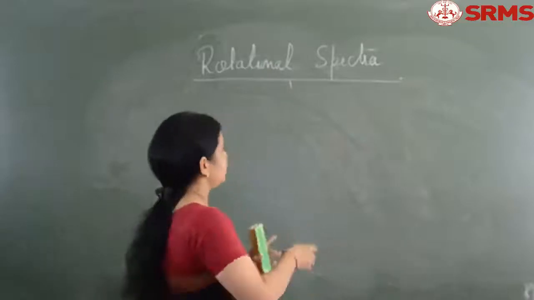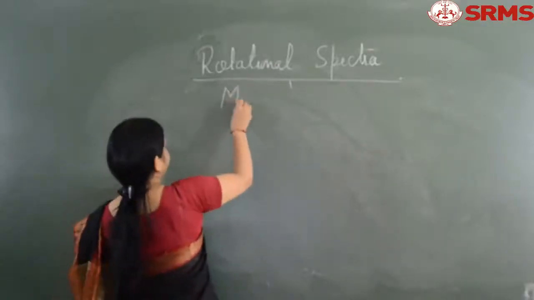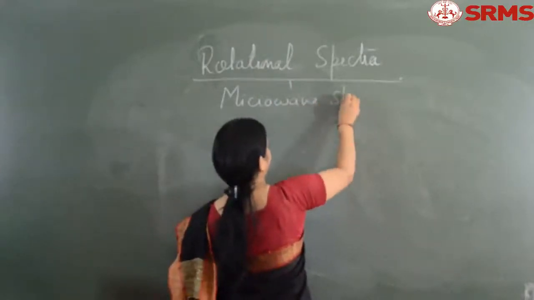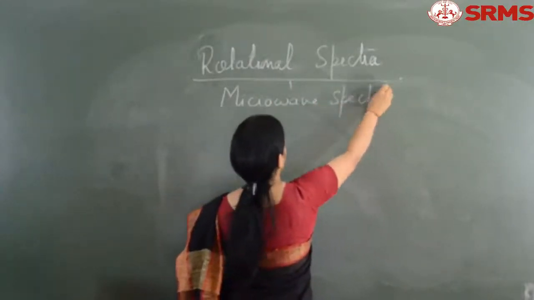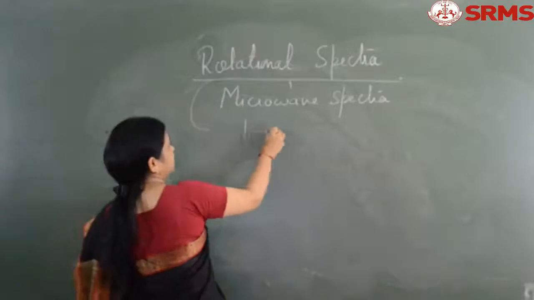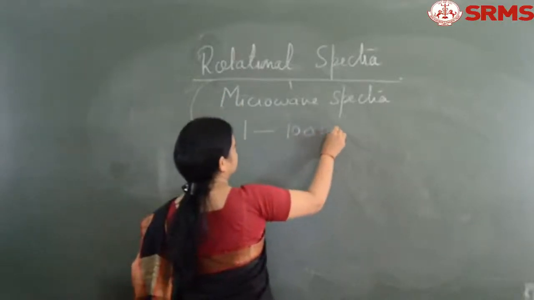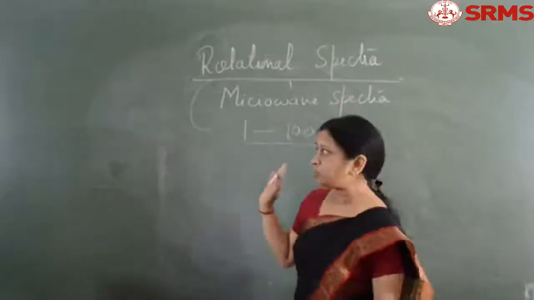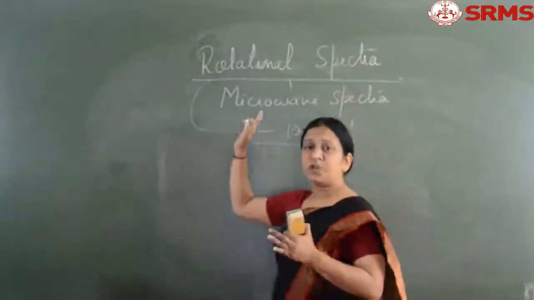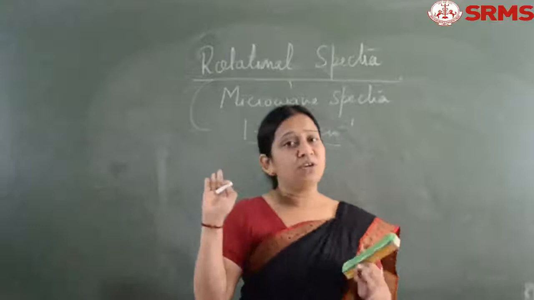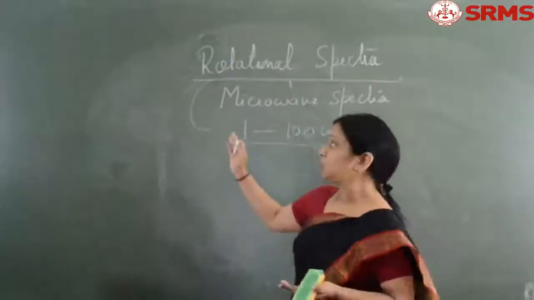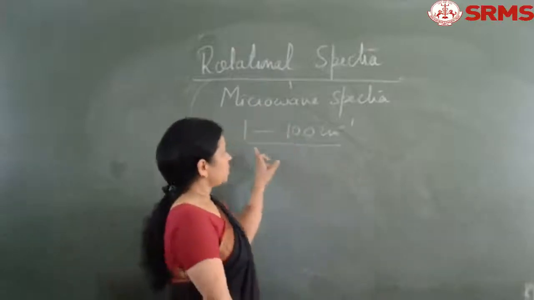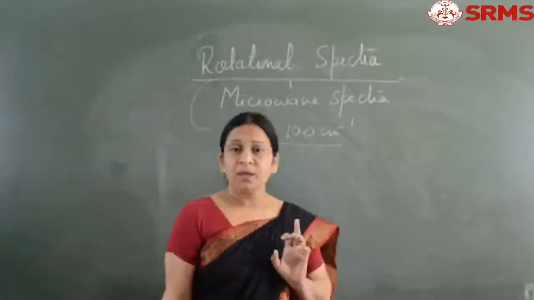It is also known as microwave spectrum, because the range is 1 to 100 centimeter inverse. This is the range of rotational spectra. The radiation which we use falls in the microwave range, so it is also known as microwave spectra.